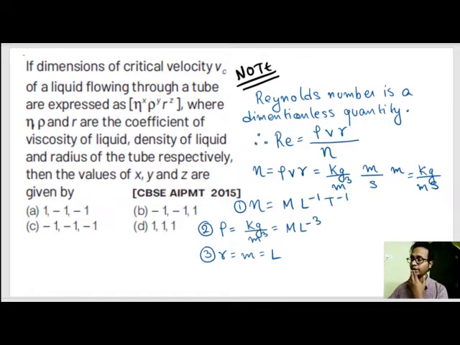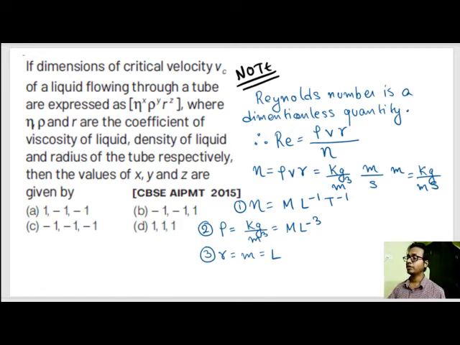Okay, now let's write using the Rayleigh method. So the dimension of critical velocity of a liquid is expressed as eta to the power x, rho to the power y, and r to the power z. We also know that the dimension of critical velocity is the same as the dimension of velocity, which is meter per second, or L T minus 1.